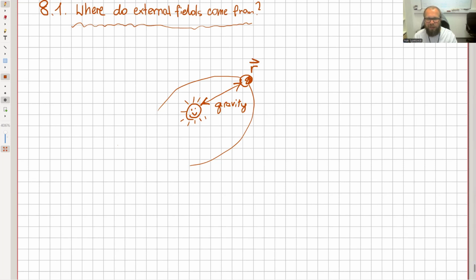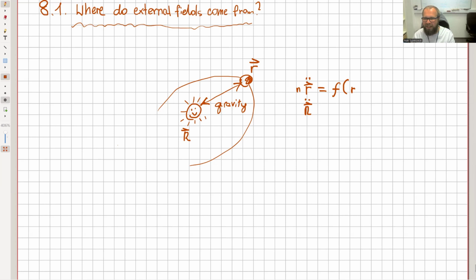Let's denote small r the position of the planet, capital R the position of the sun. If you want to solve this problem completely, you have to write down the dynamical equations for small r and for big R, with second-order derivatives, and you will have some forces.